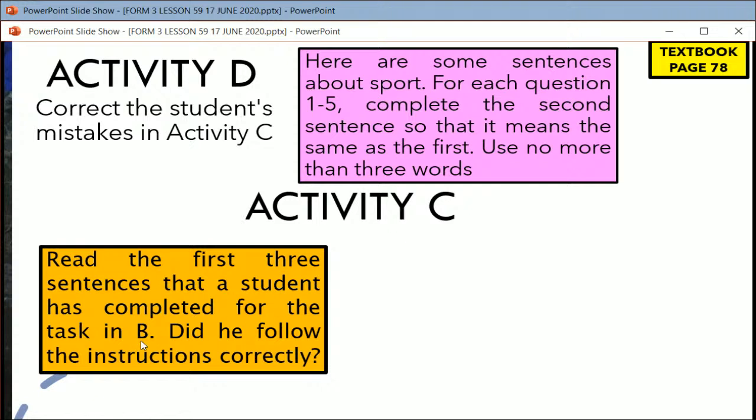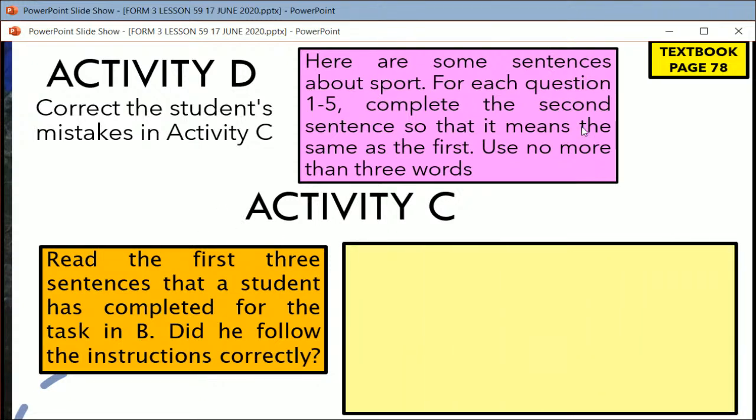Did he follow the instructions correctly? What you're going to do first is look at the 3 sentences and see if this student followed the instruction given here. Let's look at the first one. The first sentence is: the cyclists in the race all wore helmets. If I'm going too fast, let me know.